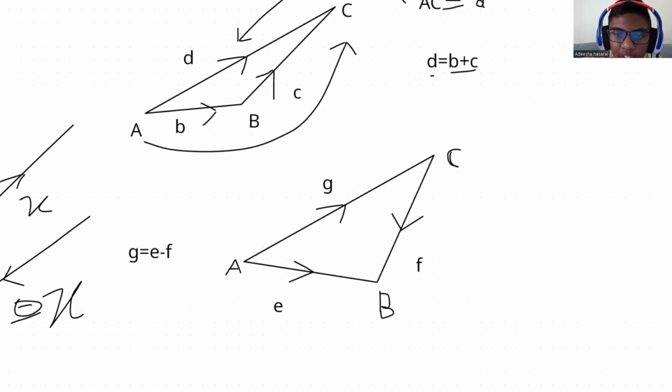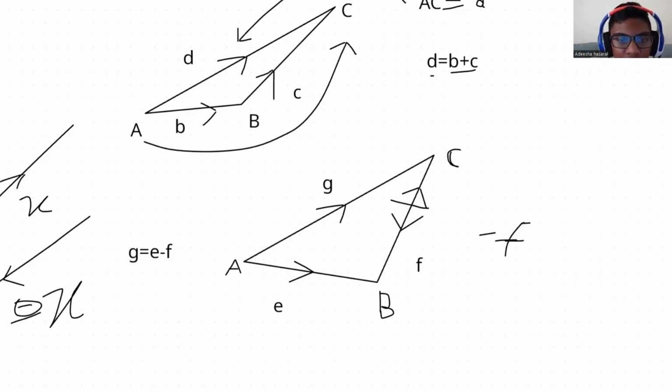Anyways, vector F doesn't want to go from B to C, instead goes from C to B, but vector minus F, sorry for the bad handwriting, vector minus F will reverse this and instead go this way, which is the direction that we want.